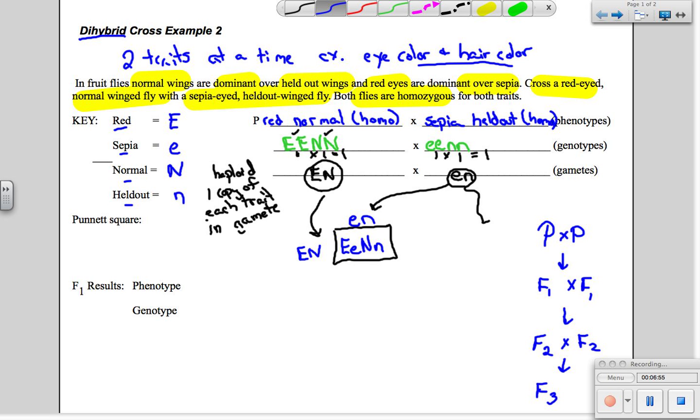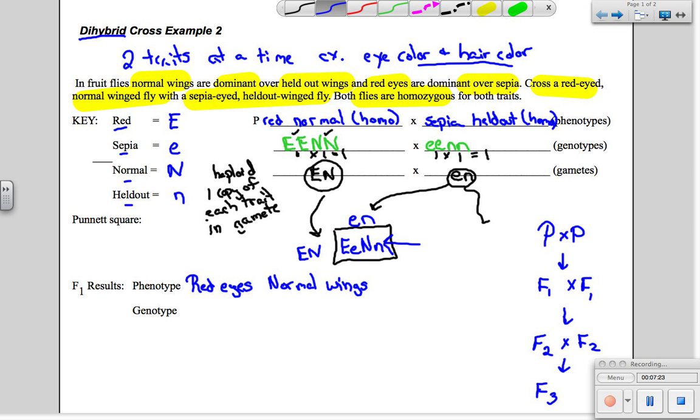Now let's analyze this cross and figure out what these offspring look like. They have one copy of the dominant allele for eye color. In order to show the dominant phenotype, I only need one copy of that allele. So these flies have red eyes. And they have one copy of the dominant wing type, so they have normal wings.